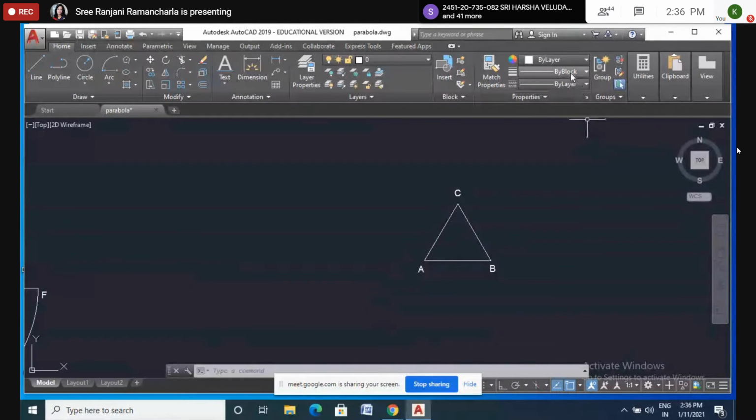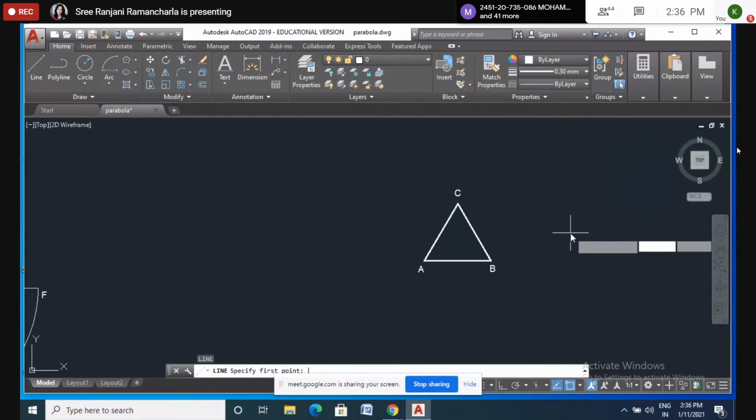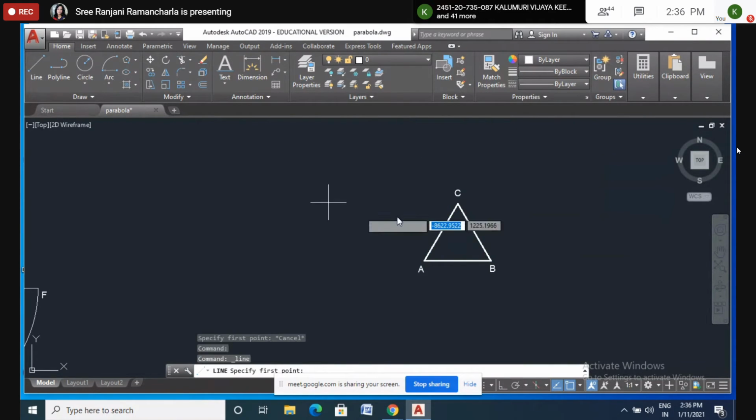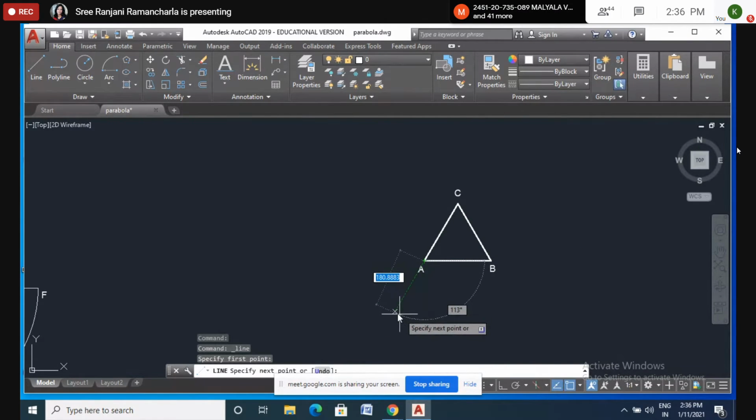I want to make this triangle a thicker line. So as usual, I'll take this length. Now here I want to draw the line first. How much is the length? Generally 120, so I will type 120. The blue is showing the length of the line.